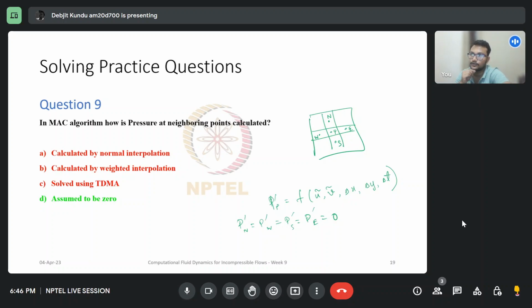When we are moving on, we are calculating at E, let's say. In that case, we take this P, we will take the northeast NE, the point at east of E, that is EE, and the points south of it, so south E. While calculating at E, we will assume that the corrections at these 4 points around it are zero.